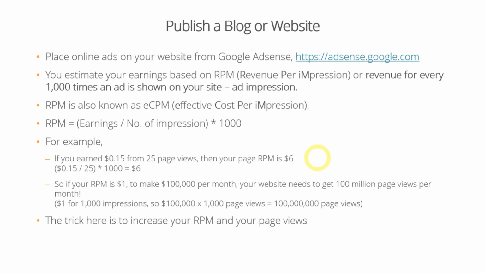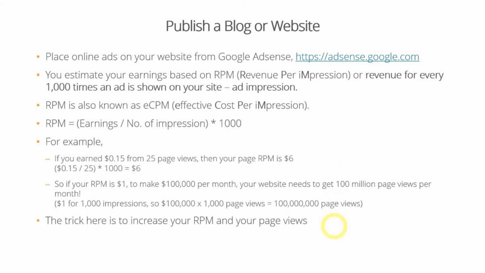Say, for instance, the insurance industry in the US. I heard that insurance companies in the US are willing to pay a lot for a click, as much as $3 or even $10 to $100. So that's a very good industry that you want to write about.